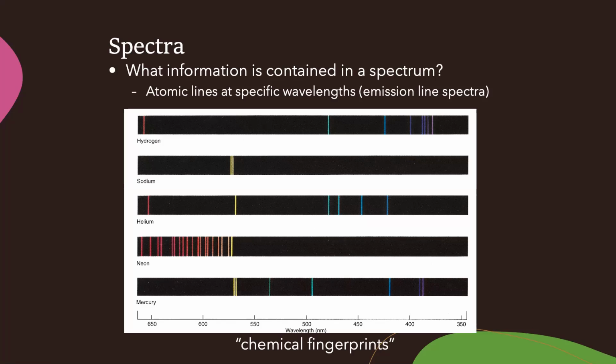Every single element has its own unique spectral pattern. It's like how we each have our own set of fingerprints, right? Nobody's fingerprint is like mine, and nobody's fingerprint is like yours, right? It's unique. And for atoms, every single element has a unique fingerprint.